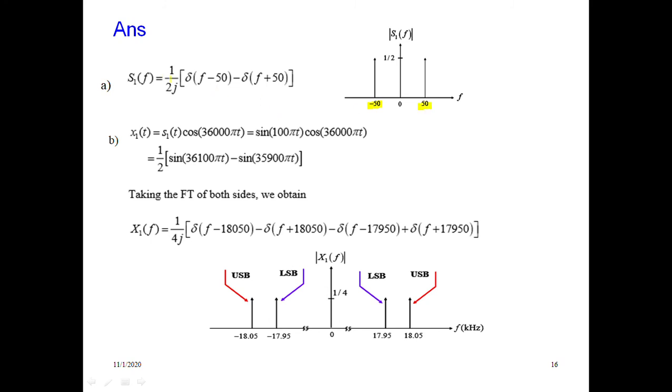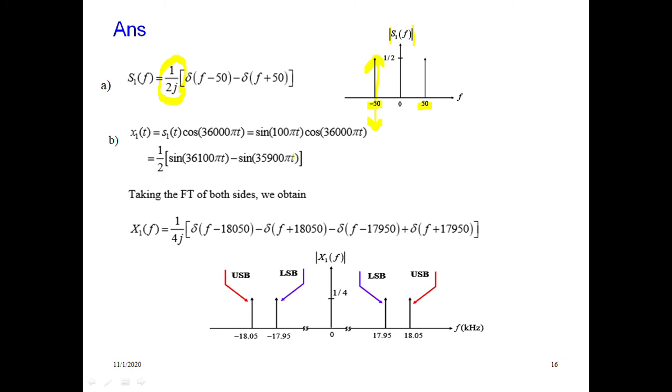But bear in mind, this is a sine, so it will be 1 over 2j. For a sine, the amplitude is here, but since we have taken the absolute value, now both are at the positive side.